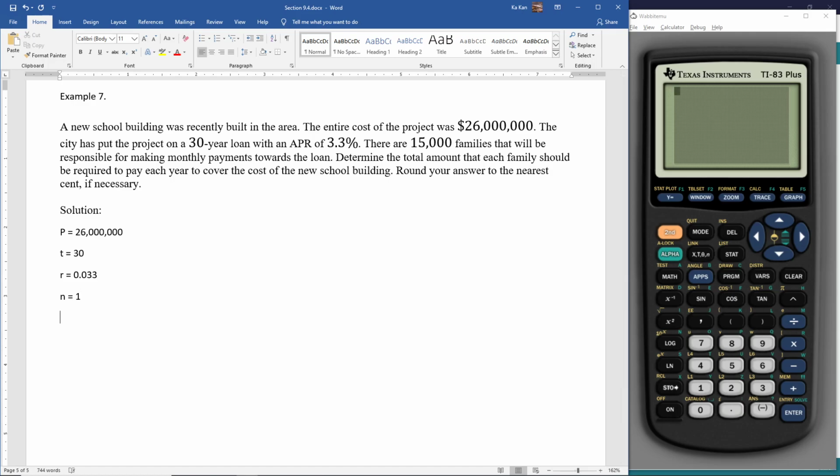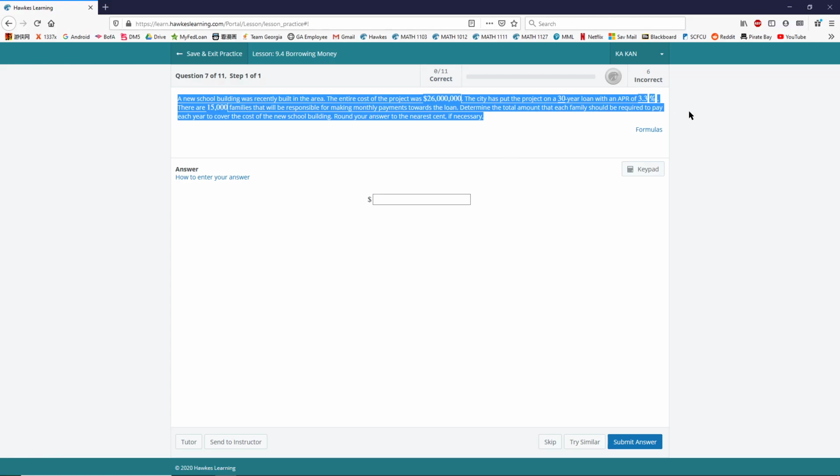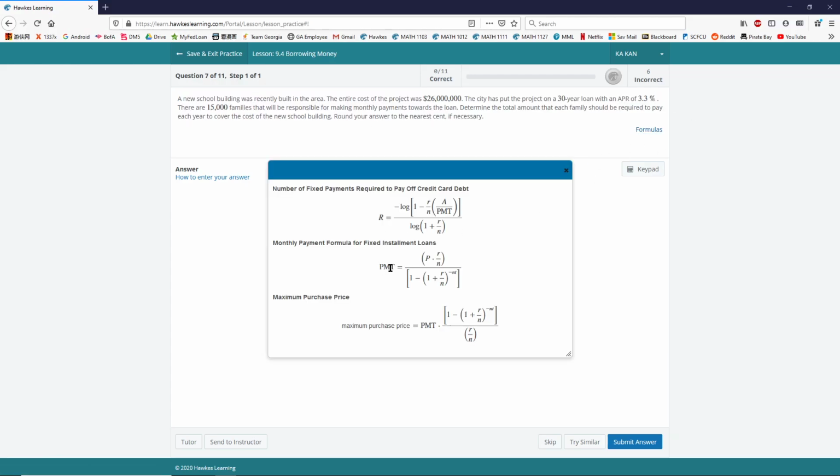So which formula should we use? Well, we don't know how much payment we're going to be making, so we have to use the second one. We know it's going to be 30 years, but we don't know the payment.